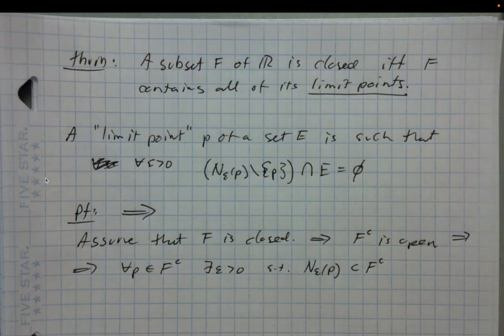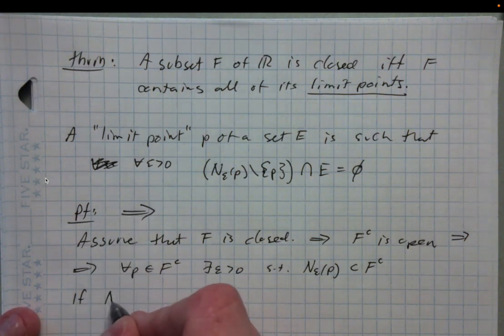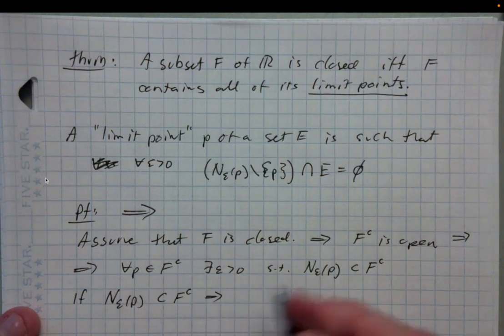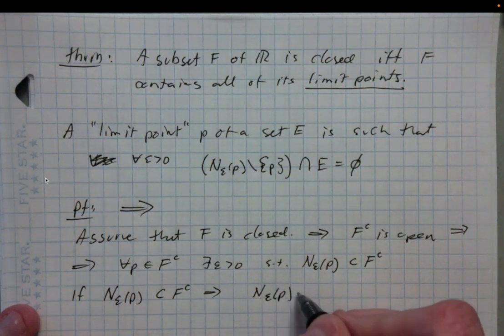Okay. So not every epsilon neighborhood of P, but there exists an epsilon neighborhood of P inside of F complement. And so what we can say then is that if the epsilon neighborhood of P is in F complement, then it should be clear that the epsilon neighborhood of P intersect F, not F complement, must be empty.